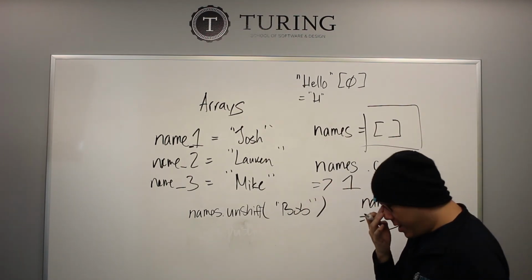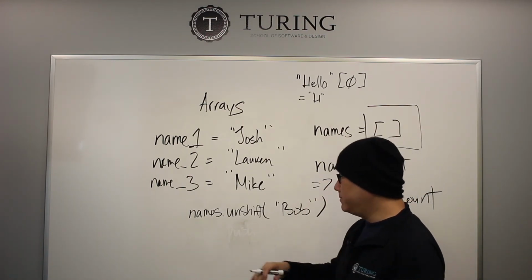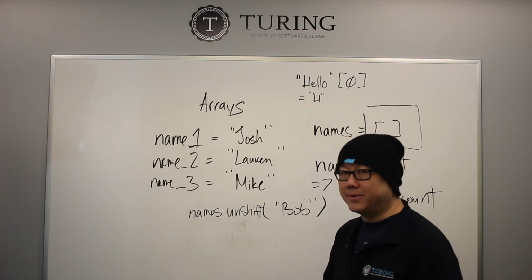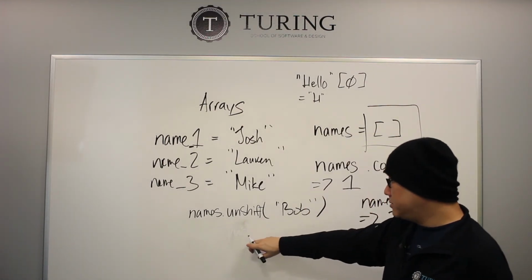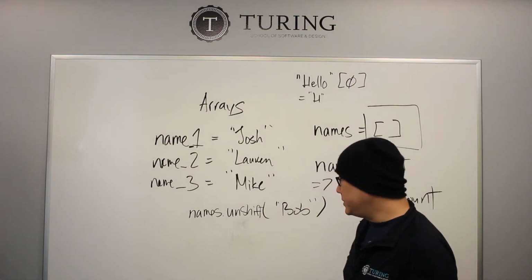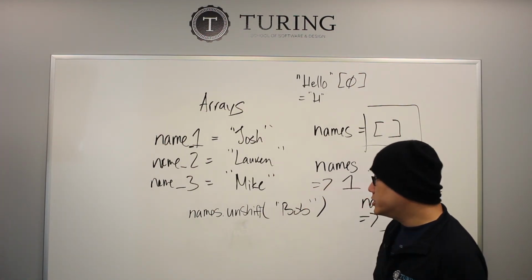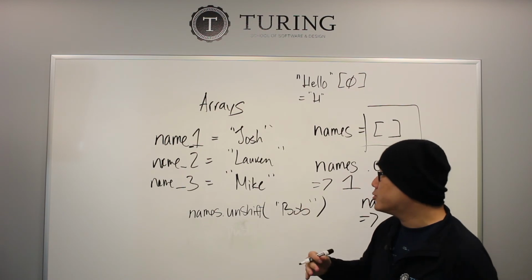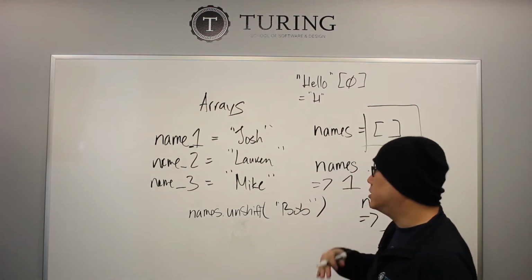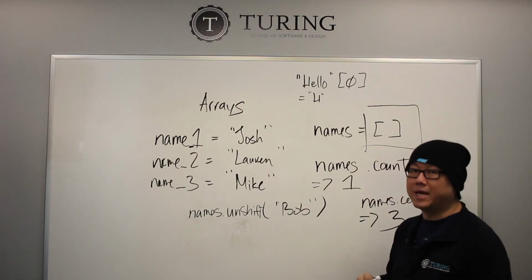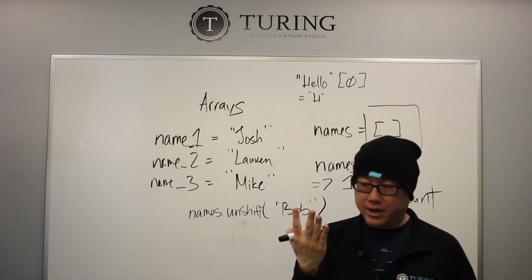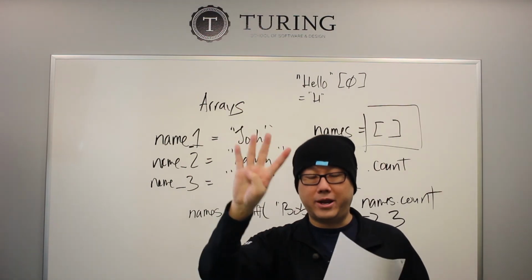Now what happens? Look at your output. Type in names again and hit enter. See what happens. Well, unshift means that we're putting things at the beginning. So now when we've unshifted Bob, our names array should be Bob, Jeff, Lauren, and Mike. And if we run a names.count on it, how many should we get? We should get 4 items.